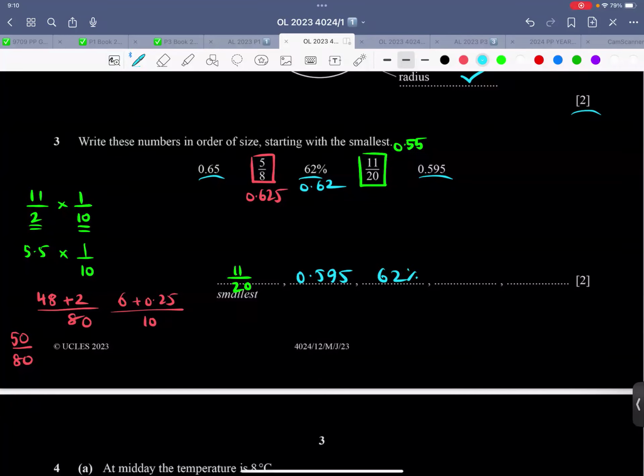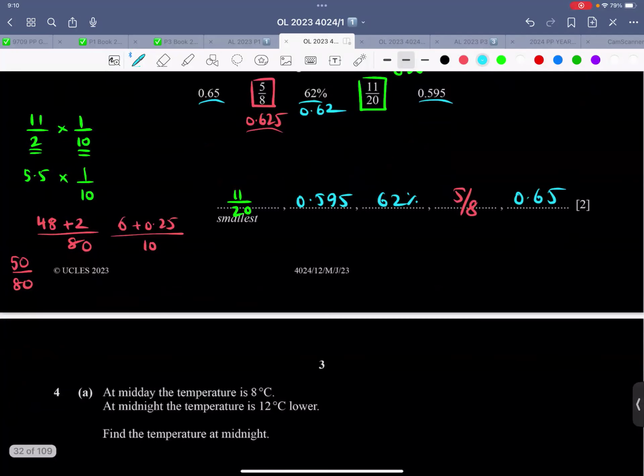So I forgot the 0.55. That is 11 over 20, that is taken care of. 0.62 is there. 0.59 is there. 0.625, the red one. So that is 5 over 8, which is 0.625. And the biggest one is again the blue one, which is 0.65.